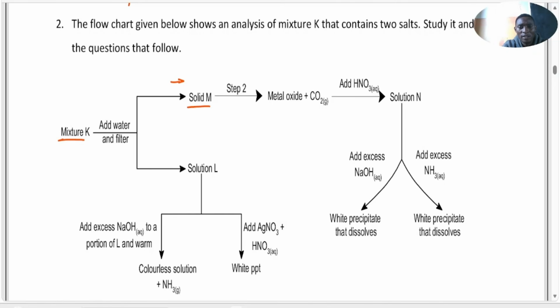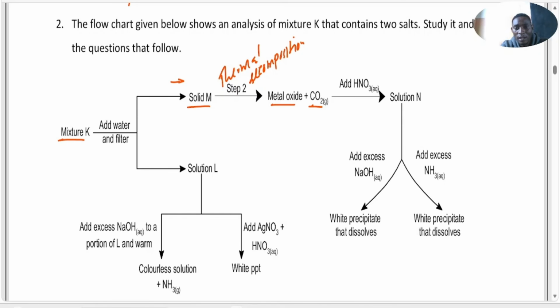This shows that M is probably a metal carbonate that has undergone thermal decomposition, and that is how we always obtain a metal oxide and carbon dioxide gas is released.